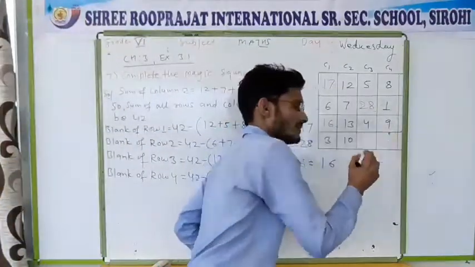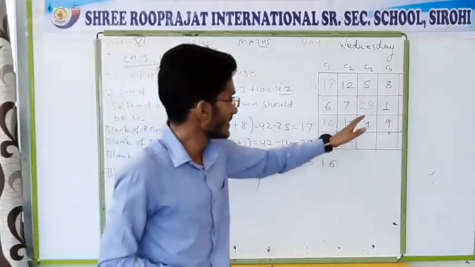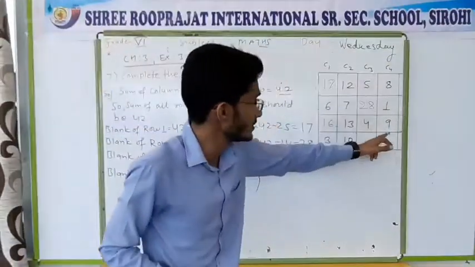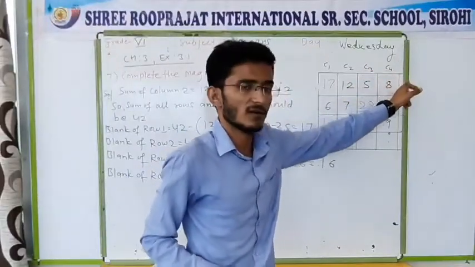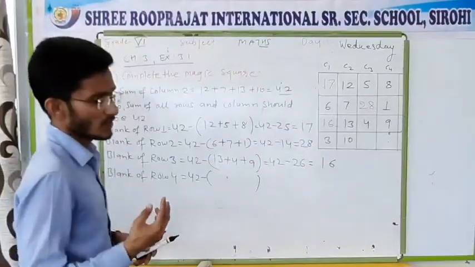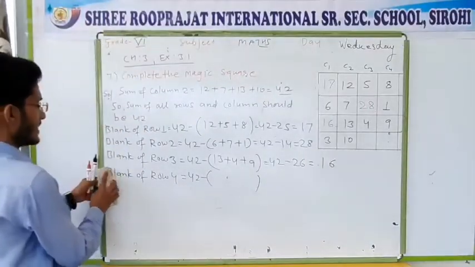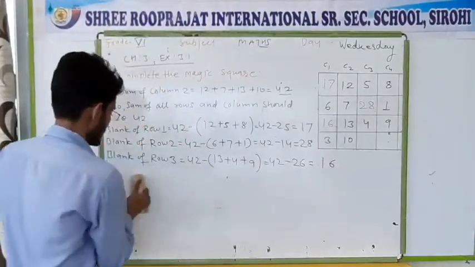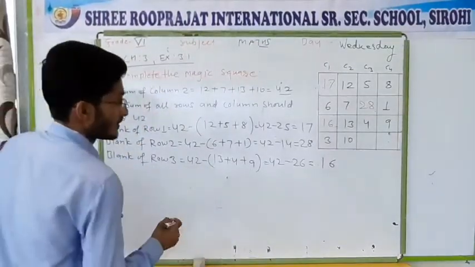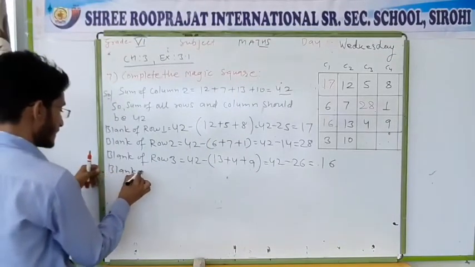When there are two numbers missing in a row or a column, you cannot find them out. So in that case, we will find the number using a column or row in a different way. It is not possible through the row, then we will find it through the column.